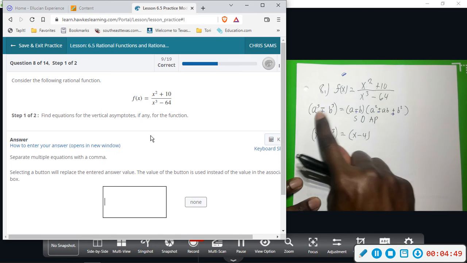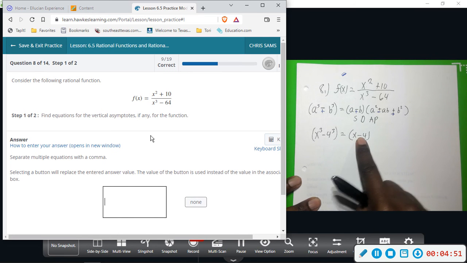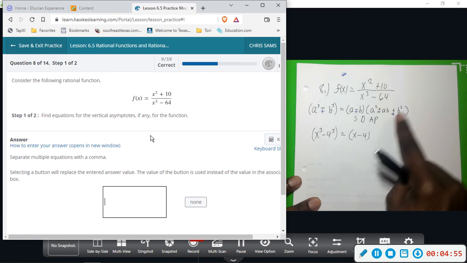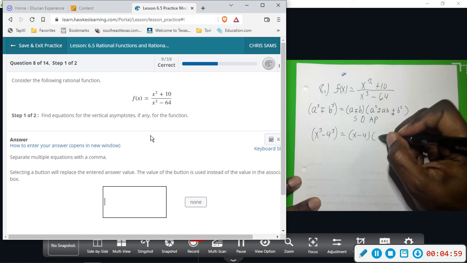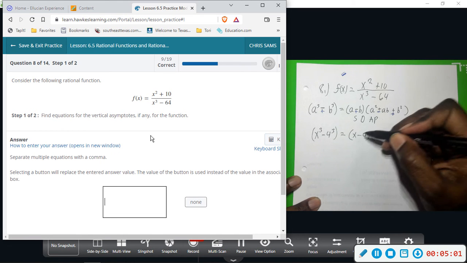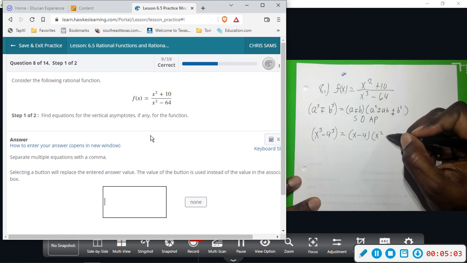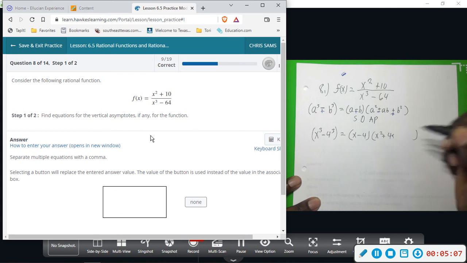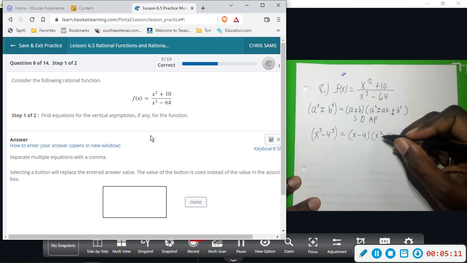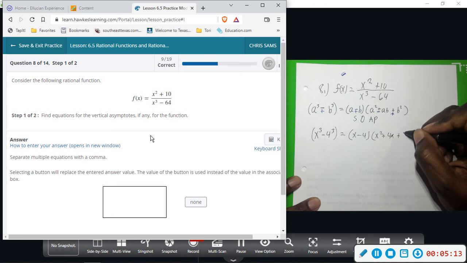Then you're going to square the first one, multiply the 2 together, and square the last one. So x squared, opposite sign, and then you square the last one, which is going to be positive 16.